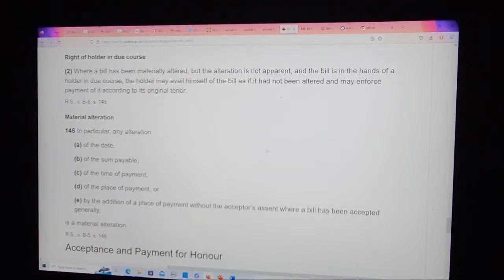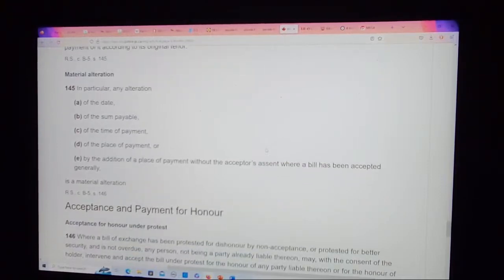Right of holder in due course. 2. Where a bill has been materially altered, but the alteration is not apparent, and the bill is in the hands of a holder in due course, the holder may avail himself of the bill as if it had not been altered and may enforce payment of it according to its original tenor.